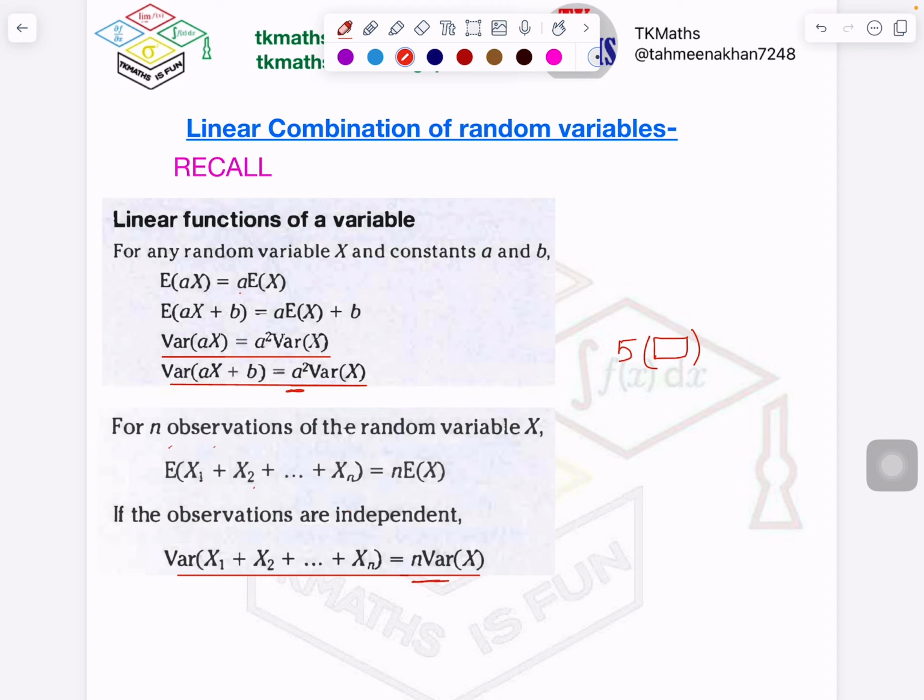In that case, when you take the variance of it, you square it, because I said the weight of person A is 5 times the weight of person B. So here the variance of B will come, and I will square it.